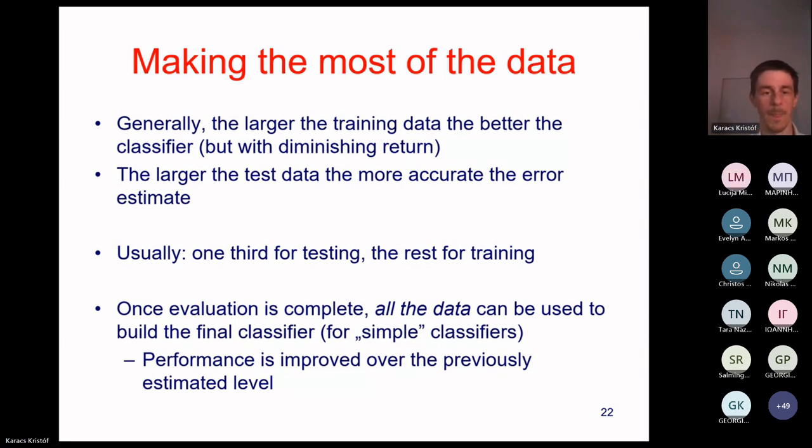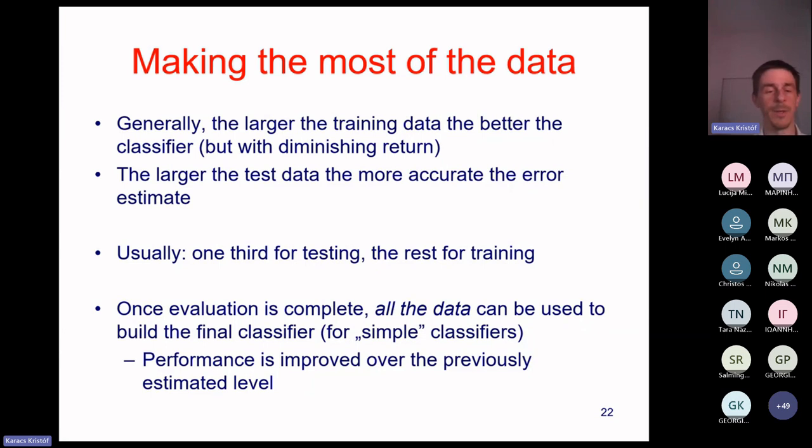So the other thing we have to consider is that the larger the test set, the more accurate the error estimation is going to be, for very similar reasons.